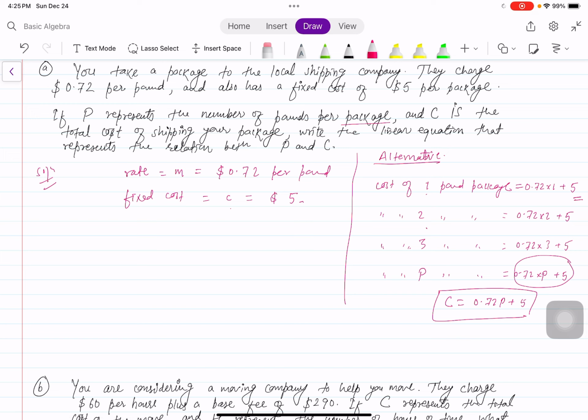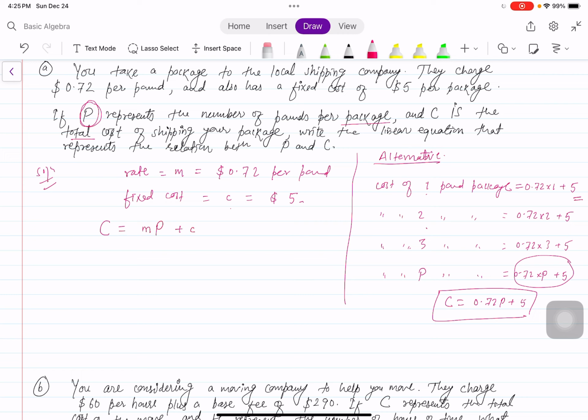So we are trying to model the total cost, and it is changing with respect to p, right? Whenever you have more pounds, the total cost will be more. When you have fewer pounds, or less weight of the package, you will have less cost.